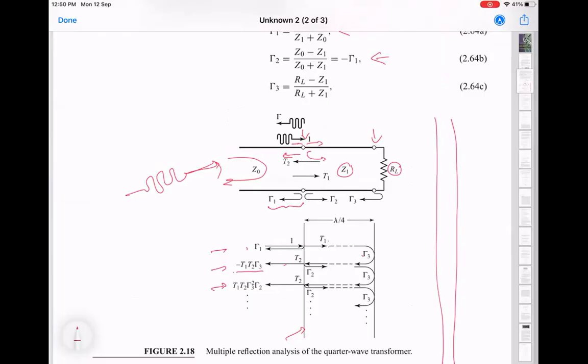let me rephrase it. This is an impedance match situation, right? We have constructed an impedance matching lambda by 4 transformer. So we expect no power to get reflected. But if I look at it in time domain, the situation is slightly tricky, and this multiple reflection point of view allows you to think about it in one way.